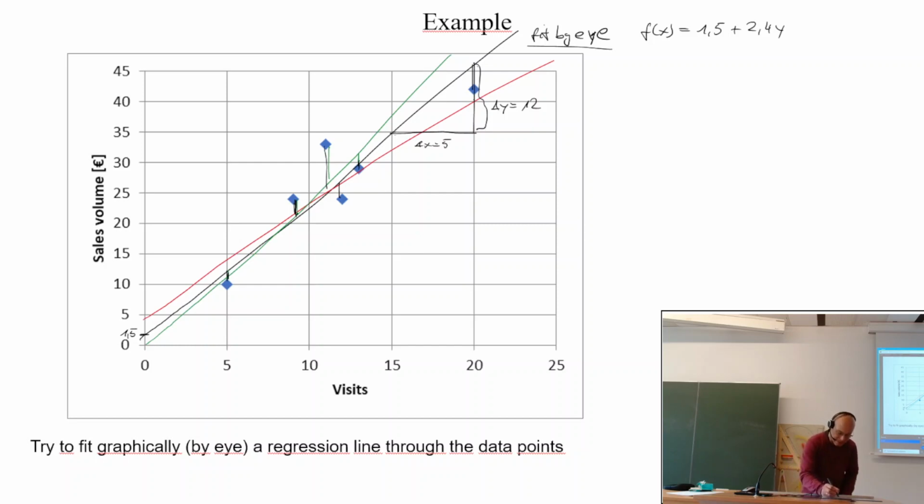So these distances are the difference between the data point and its corresponding point on the fitted line.